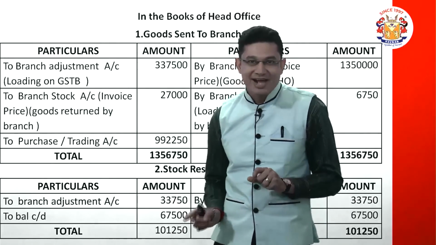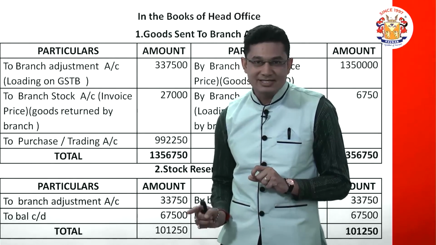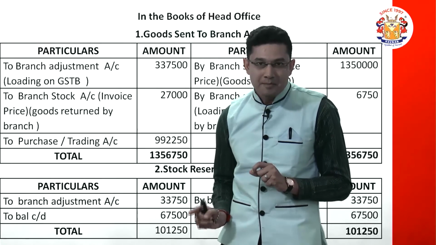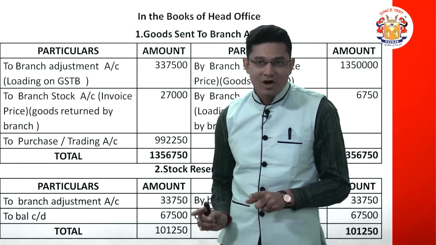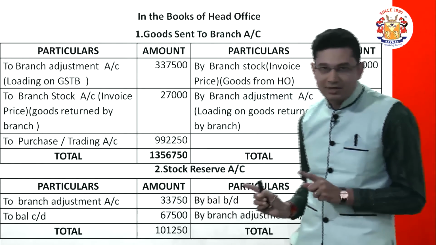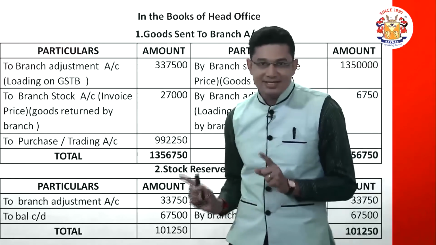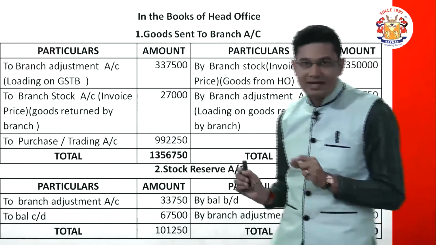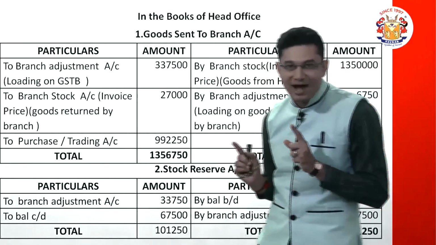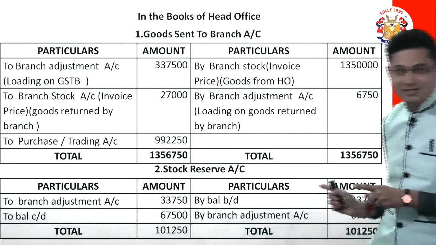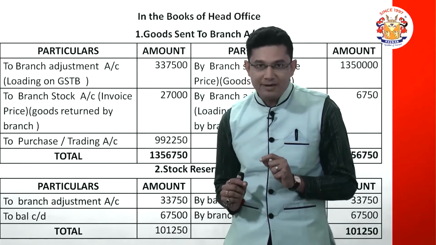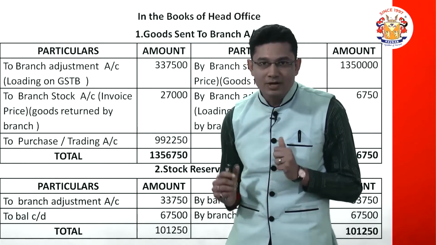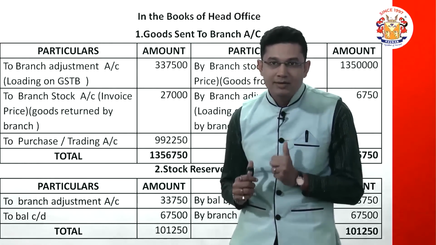You can write closing stock reserve 67500. This is nothing but unrealized profit in closing branch stock. Thereafter, on the credit side, you can write 67500 and branch adjustment account. So what will be the journal entry of this 67500? Very simple: branch adjustment account debit to stock reserve account 67500.